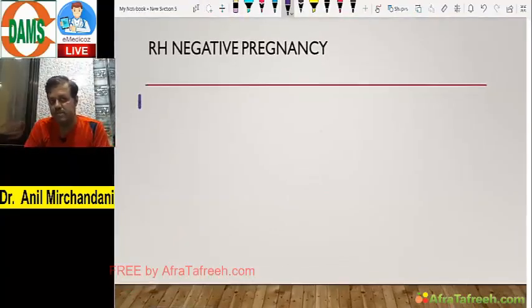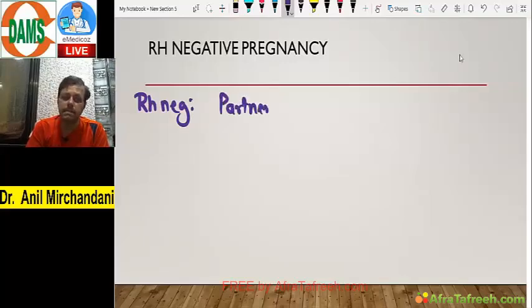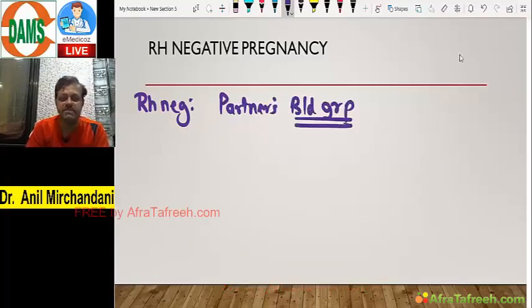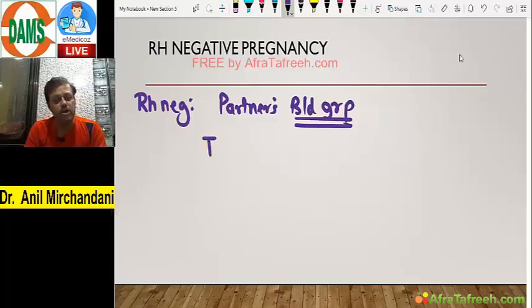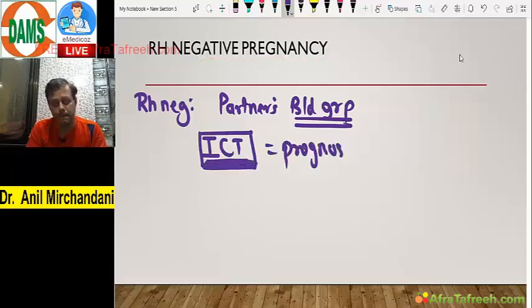Rh negative pregnancy. The patient is Rh negative. Do the partner's blood group. This is the Indian scenario. We do the partner's blood group. In the Western scenario, they don't do this. They directly jump onto the indirect Coombs test. Indirect Coombs test, ICT, is a prognostic marker.